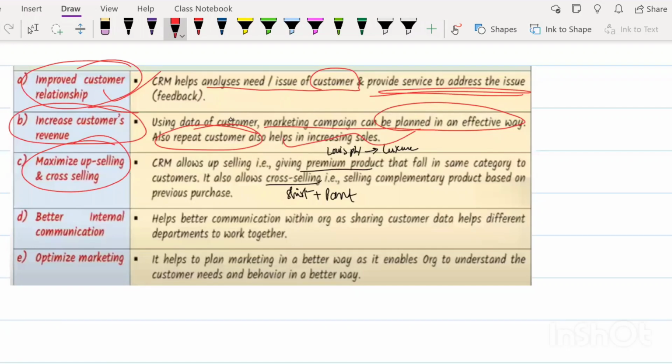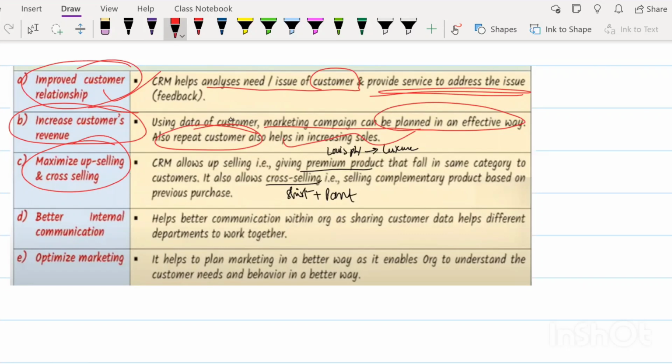Now if you have gone and asked them for a particular shirt, and that shirt costs only 1,000 rupees, they will not directly show you that first. They will show you a premium brand shirt and tell you why it is better than the shirt that you have asked for, and will tell you to take a look at it.